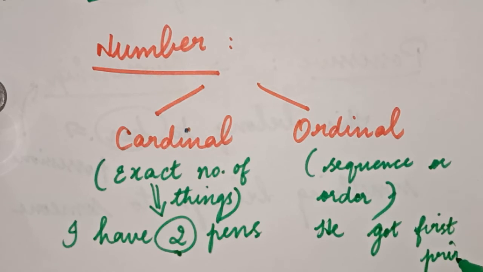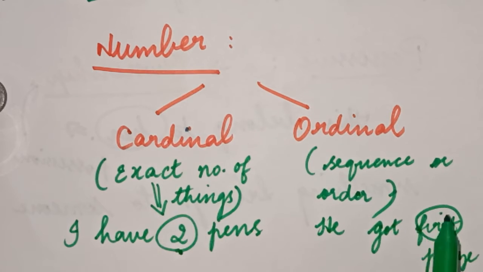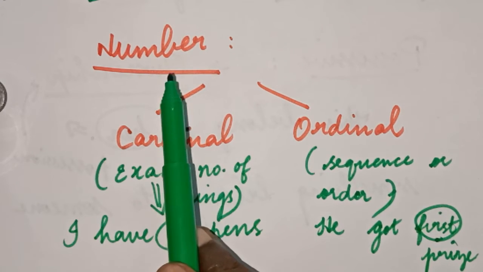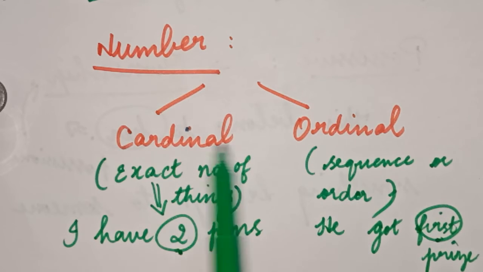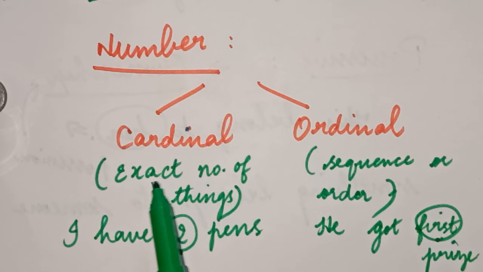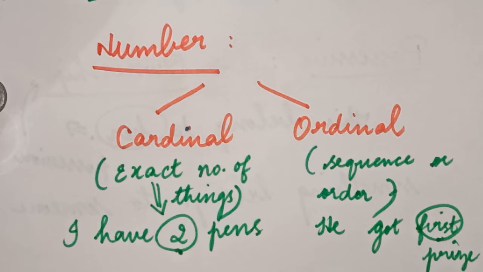So first, second, third, etc. are all ordinal numbers, and the numbers 1, 2, 3, 4, etc. are cardinal numbers. Understood? So numbers are divided into two types: cardinal and ordinal. A cardinal number tells us the exact number of things, and an ordinal number tells about the sequence or order of something.